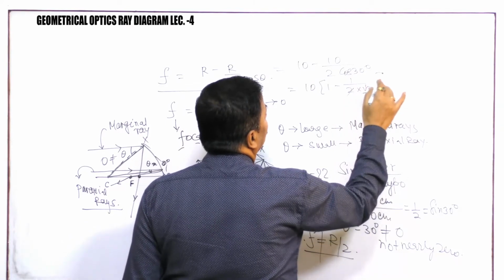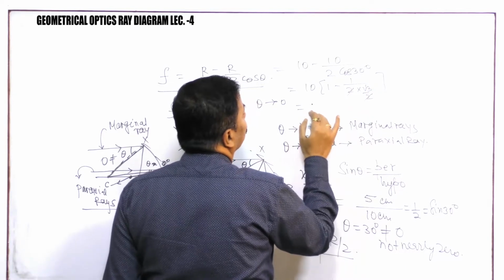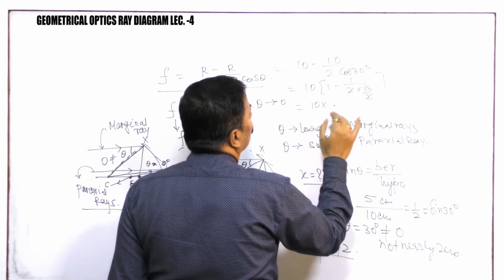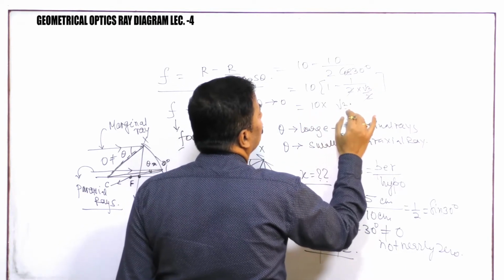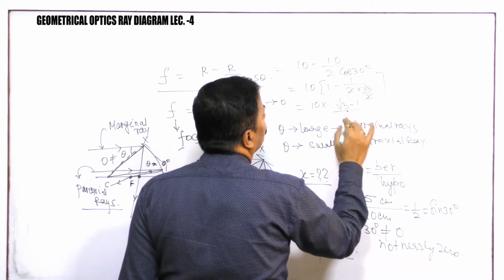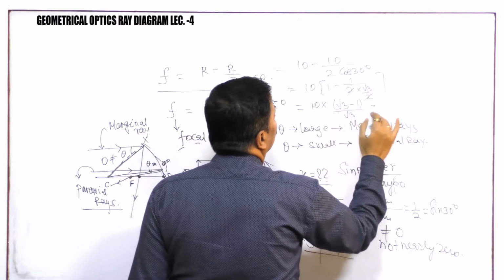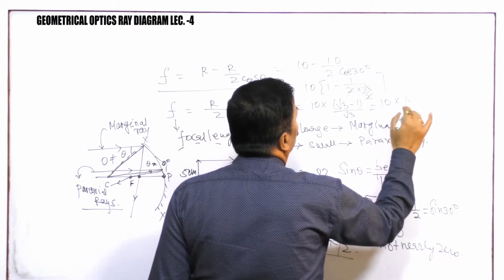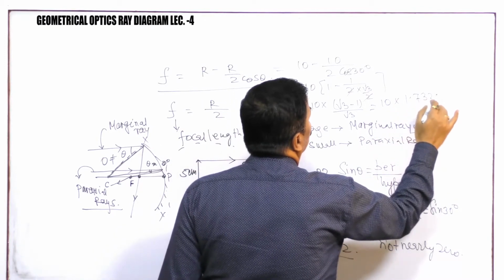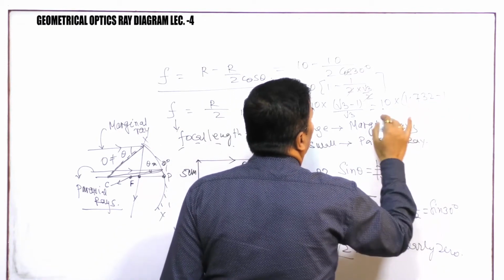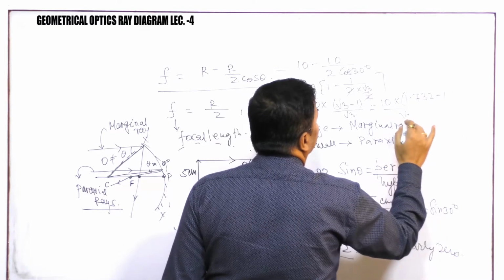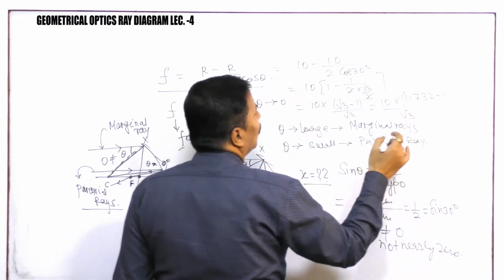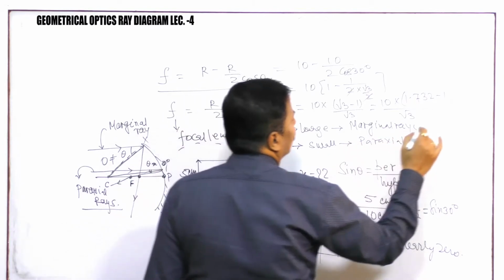This will cancel and you are getting 10 into root 3 minus 1 by root 3, that is 10 into 1.732 minus 1 by root 3, or whatever is the value, this much centimeter.